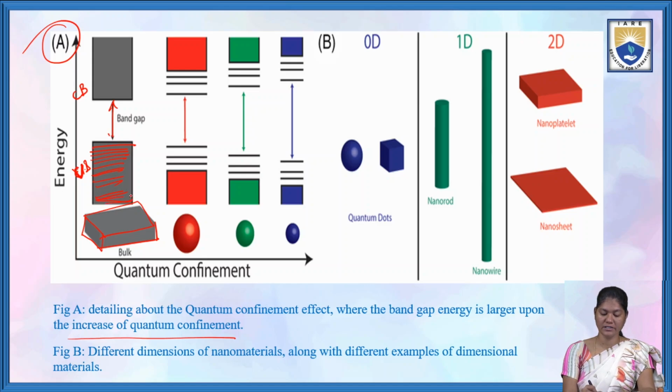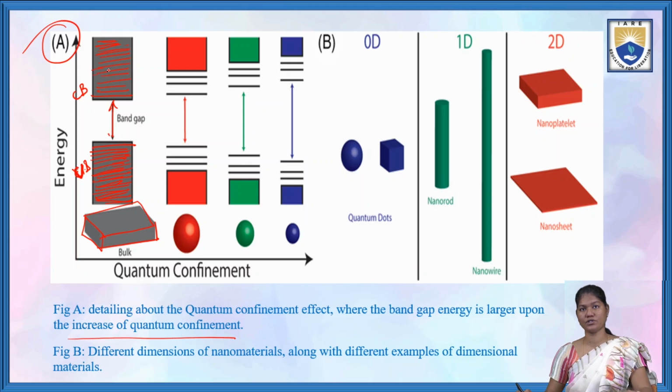Here the energy levels are overlapped in the valence band, and likewise in the conduction band the different energy levels are close to each other.